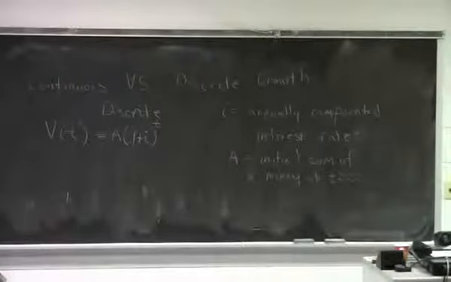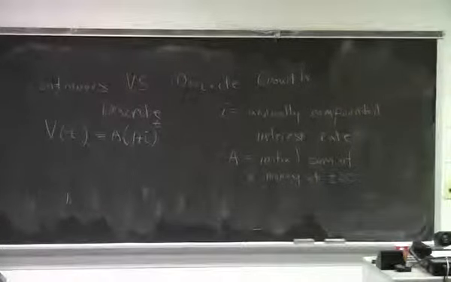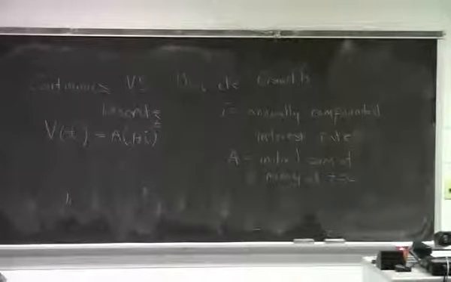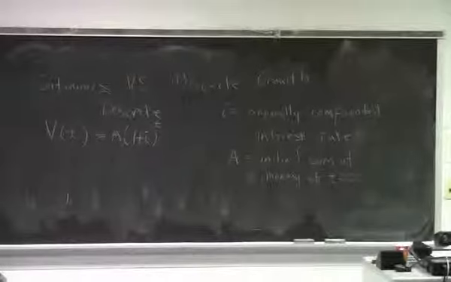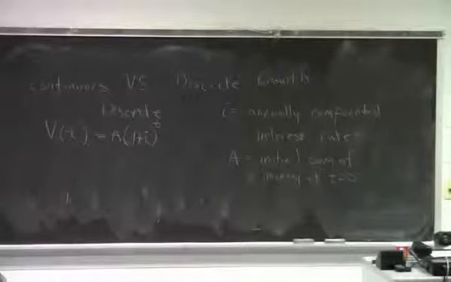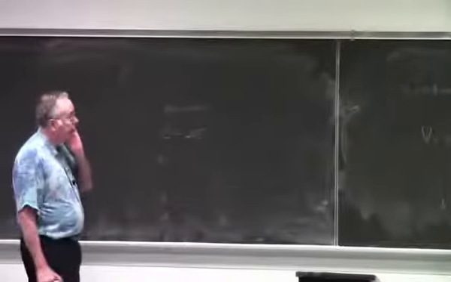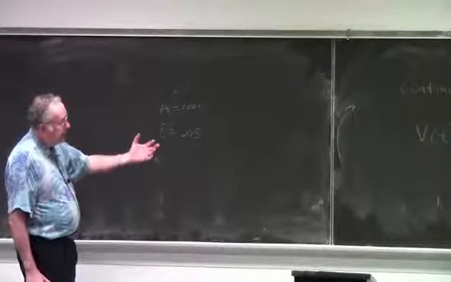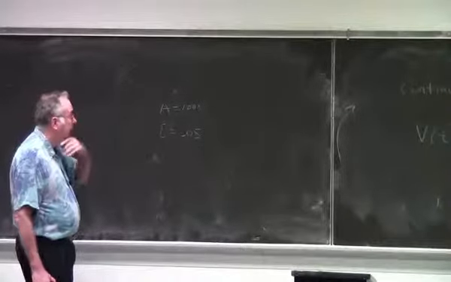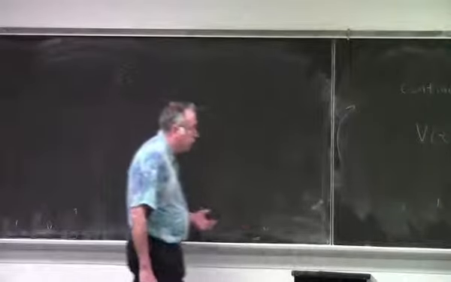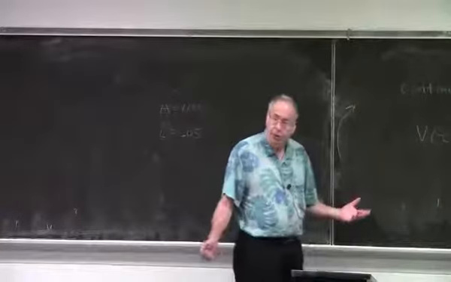Just to give you a simple example, suppose A is $1,000. Suppose the annually compounded interest rate is 0.05 or 5%. Multiply that by 100, stick on a percent sign, you convert the decimal into a percentage, so that's 5% per year. And t is the number of years. So how much would your $1,000 be worth in 1 year?